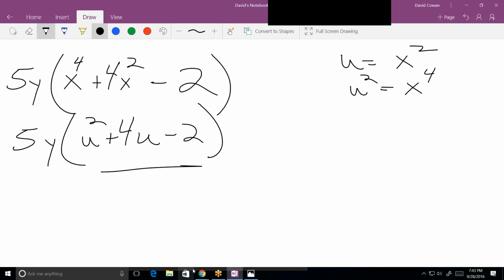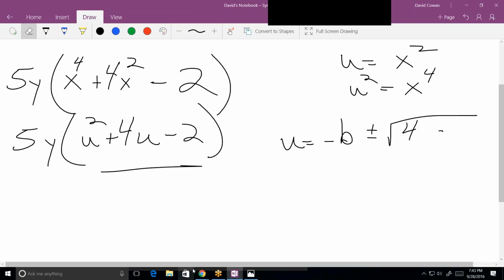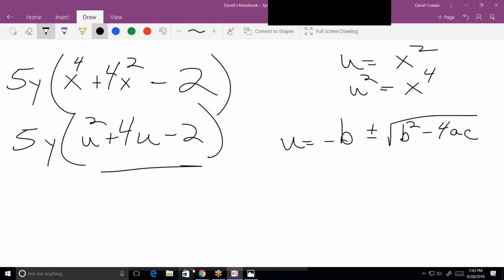Well, u is equal to minus b plus or minus the square root of b squared minus 4ac, divided by 2a, right?